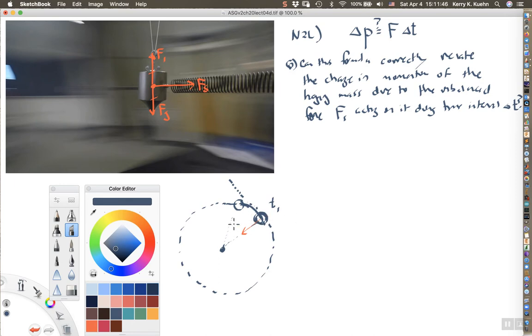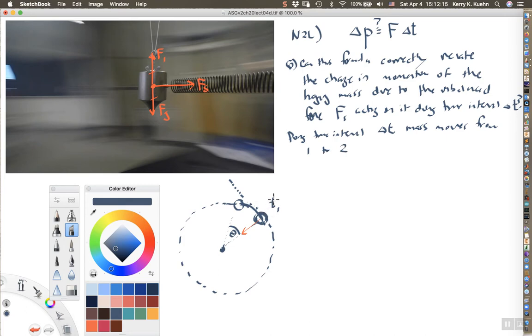Okay? Now, what I want to do is consider a very small time interval during which this moves through an angle theta. So during time interval delta t, the mass moves from position 1 to position 2.